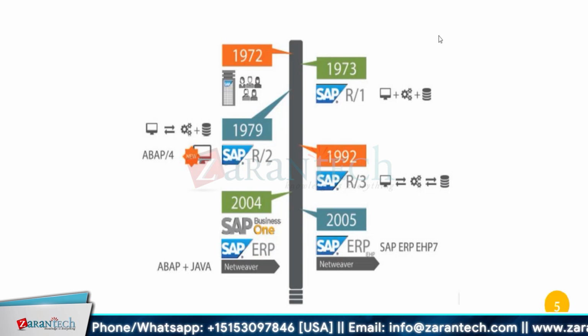When it was R2, it was just one SAP being used for multiple businesses or industries. But with the release of R3, modules specific to the businesses were launched so that they can use it based on their specific industries, be it manufacturing, healthcare, or finance. With the introduction of R3, that was possible.